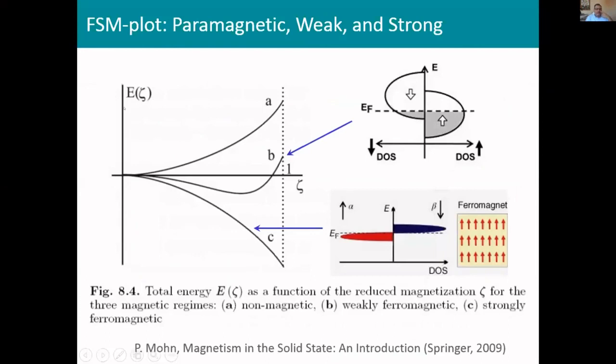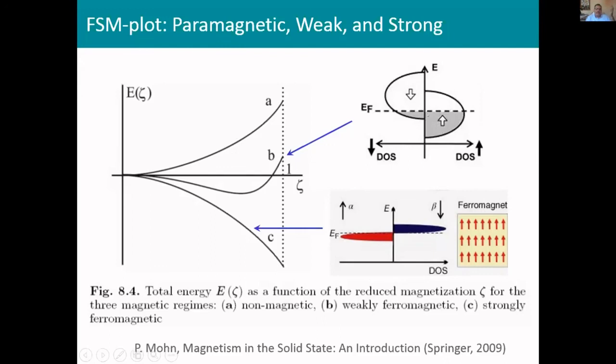One slide more about the fixed spin moment. In general, we can find these three kinds of plots. This one corresponds to a paramagnetic system. This one corresponds to a spin polarized or ferromagnetic system, but with no saturation of the band.